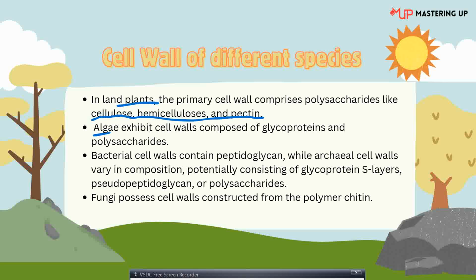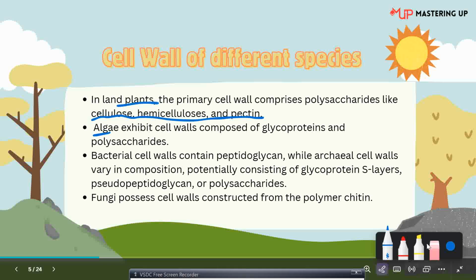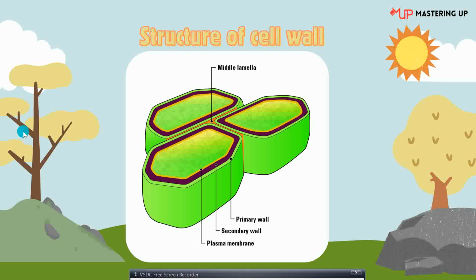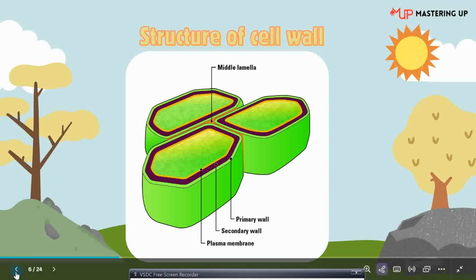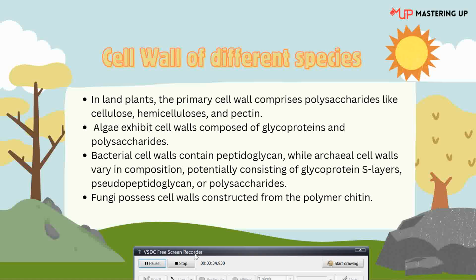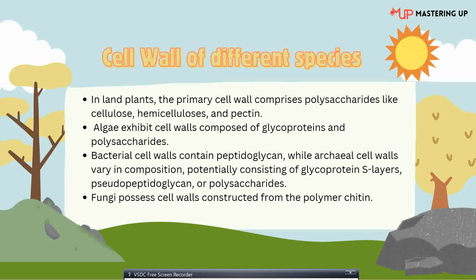So what all are there in plants? Now, land plants are made up of cellulose, hemicellulose and pectin. Algae are composed of glycoproteins and polysaccharides.